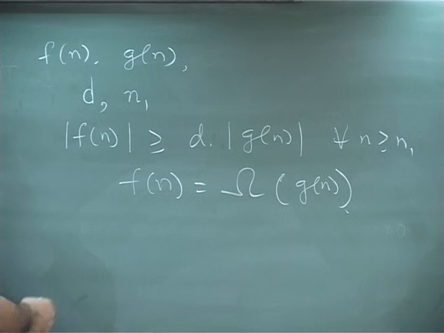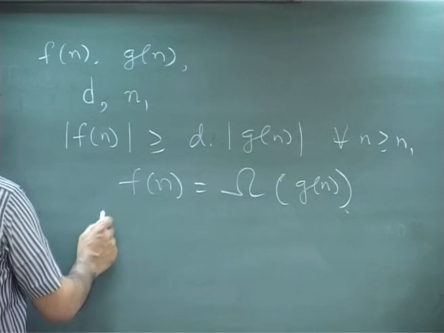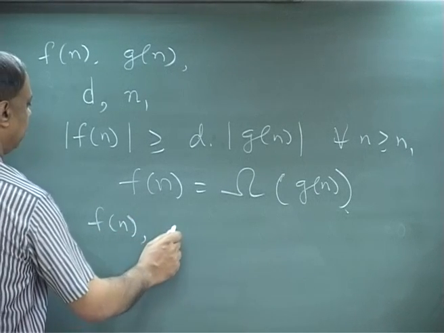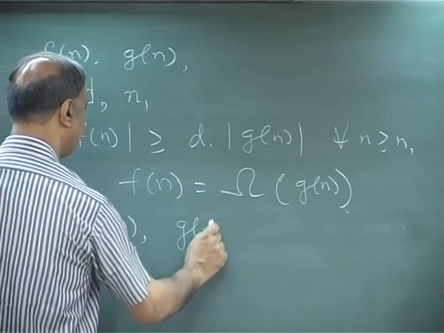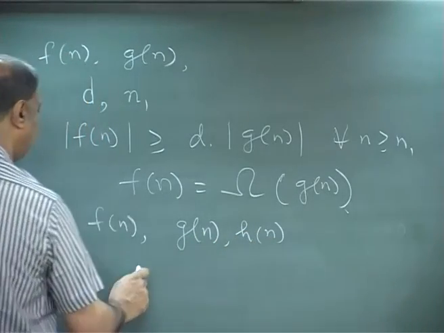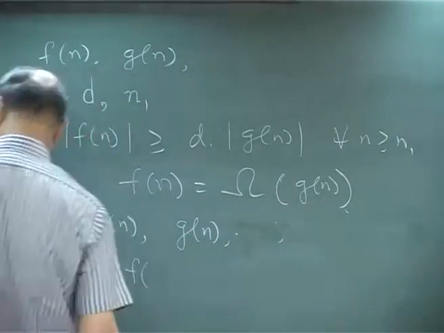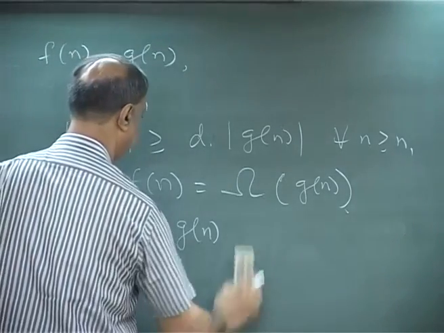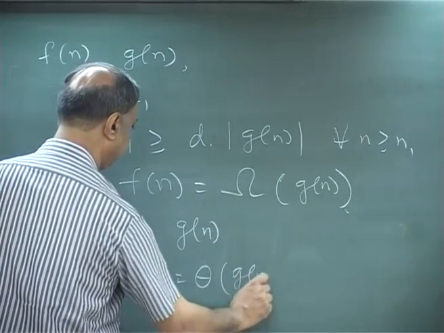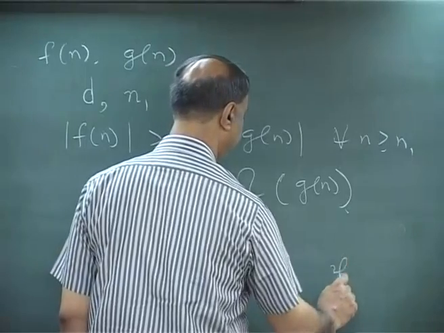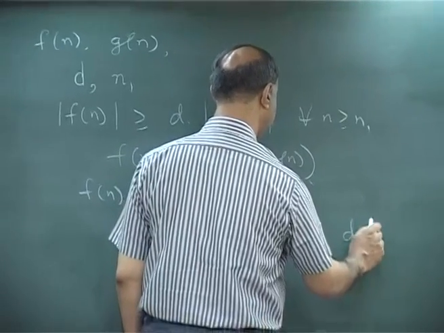Now theta is another notation we use, where you can have the two functions f(n), g(n) and h(n). We tell f(n) is of theta g(n) if it lies between the two bounds, a times g(n) and b times g(n).